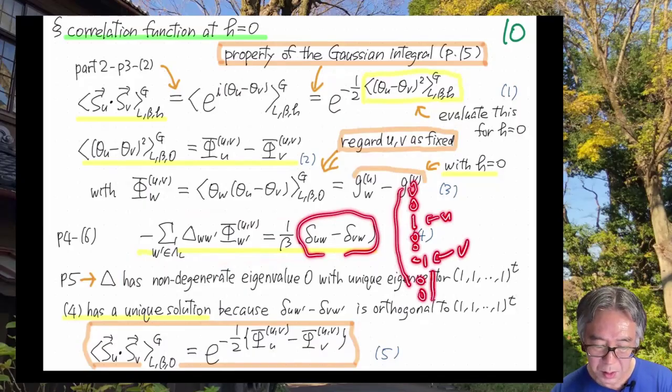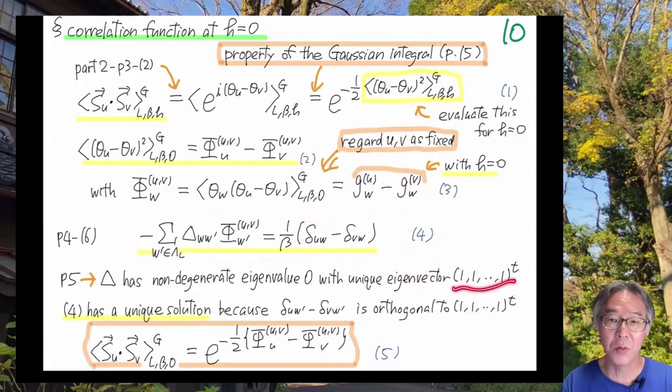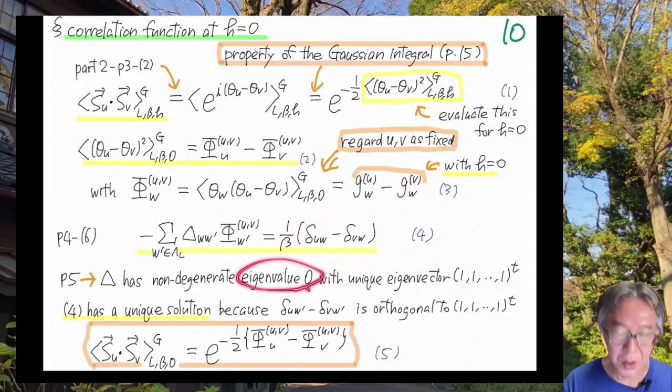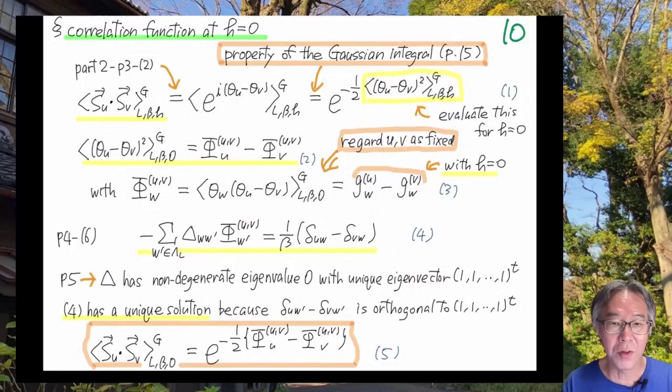And this vector is, of course, orthogonal to the eigenvector 1, 1, 1, 1, 1, corresponding to the 0 eigenvalue. So this means that you can take the pseudo inverse, or anyway, you can just decompose everything in terms of the eigenstates of delta to solve this, and find that this has a unique solution. So we are sure that this has a unique solution.